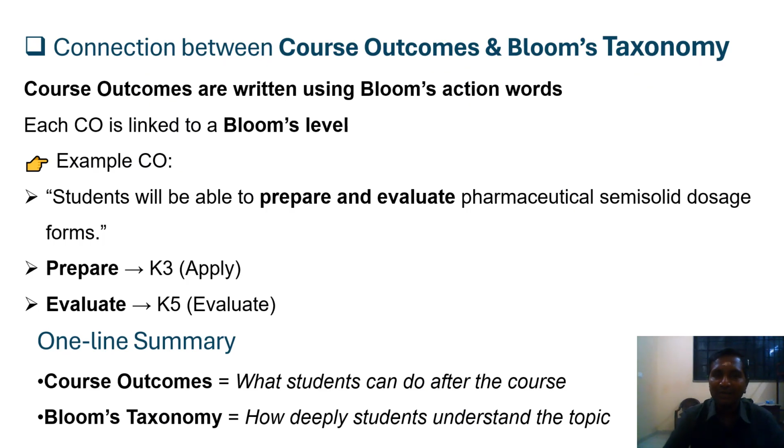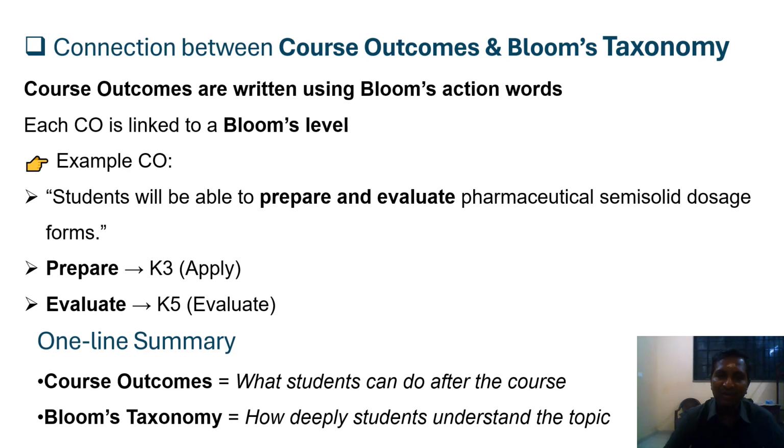Now, let us understand the connection between course outcomes and Bloom's taxonomy. Course outcomes are usually written using action words from Bloom's taxonomy. Each course outcome is linked to a specific Bloom's level. For example, if the learning outcome says students will be able to prepare and evaluate pharmaceutical semi-solid dosage forms, the word prepare corresponds to K3 level, which represents apply.